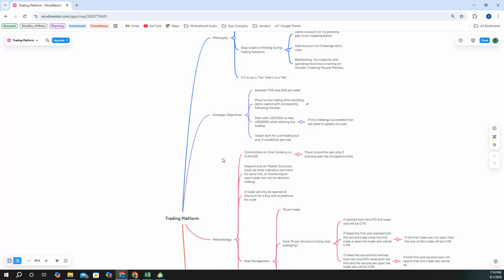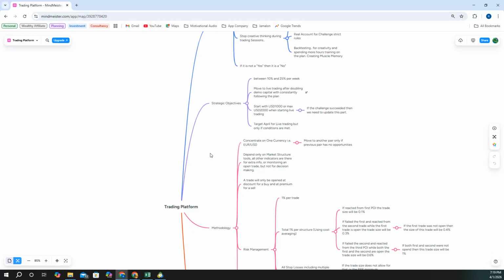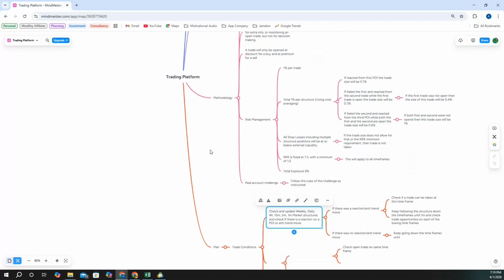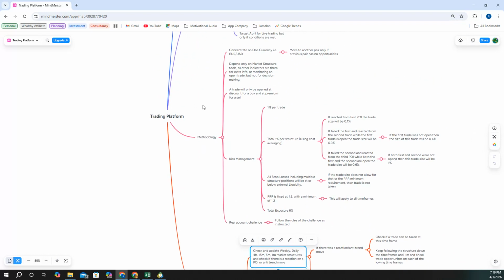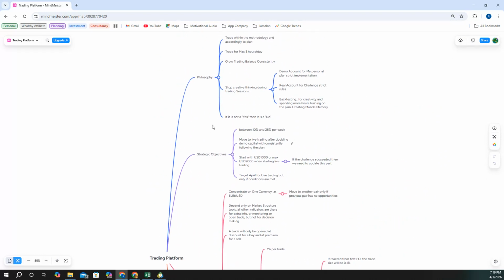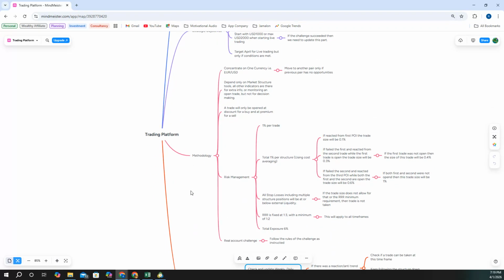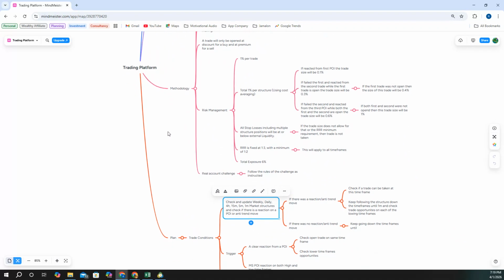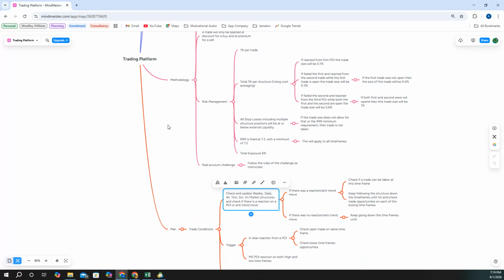I have been changing this a lot. Every week there would be changes on this plan, on this total platform. So I want to relax a little bit and give myself time to execute the market structure in the ways that I have been taught and the ways that I have expanded as well.